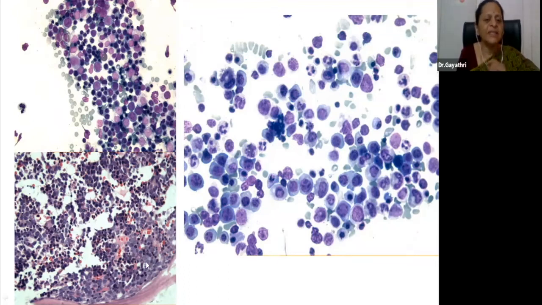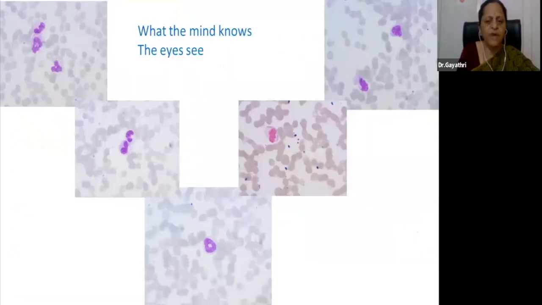Similar cells here, but these are megaloblasts. Therefore, being familiar with marrow cytology is very important in the reading of marrow biopsy sections. You shouldn't do it alone. You should look at it along with biopsy imprint cytology and aspiration cytology, as a unit together.